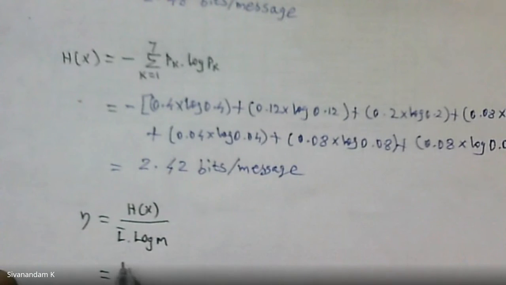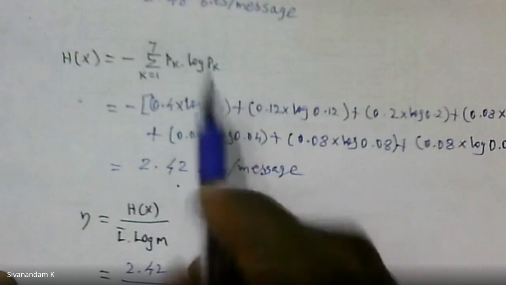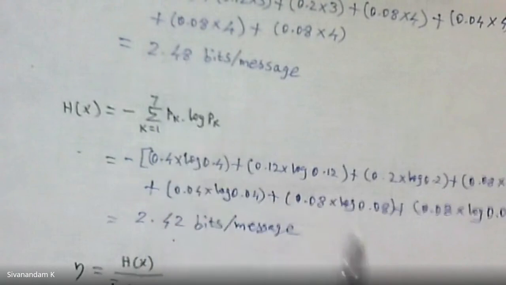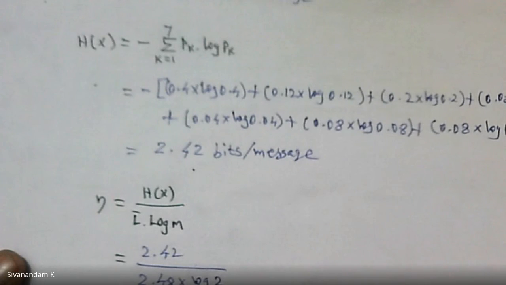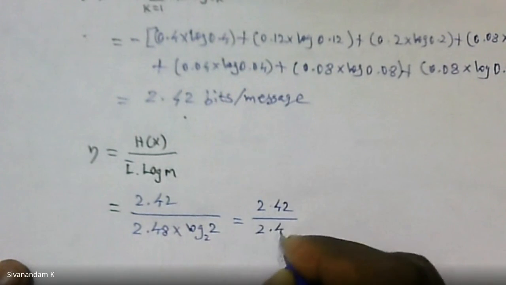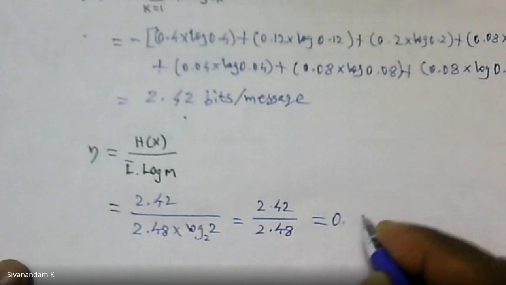Therefore H(X) equal to 2.42 divided by L bar, that is average length of the coding, 2.48. So 2.48 into log 2, base also 2, it takes value as 1, that is equal to 2.42 divided by 2.48, that is equal to 0.976.